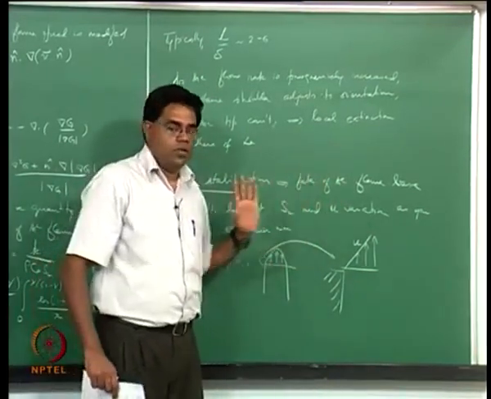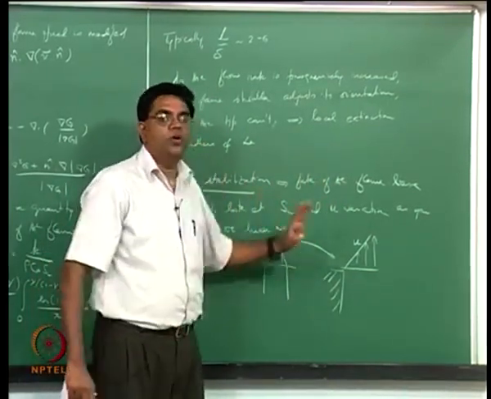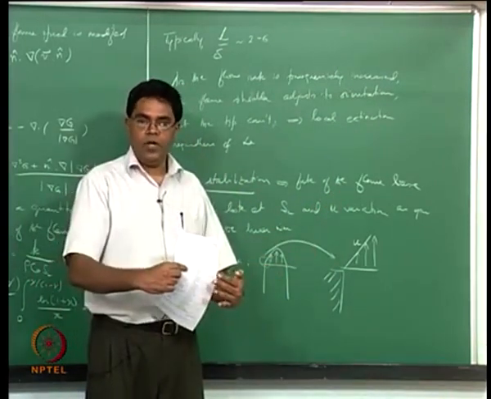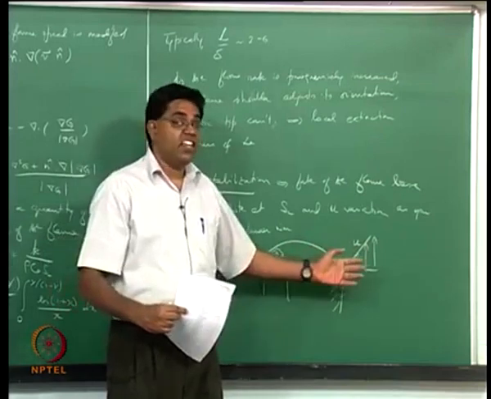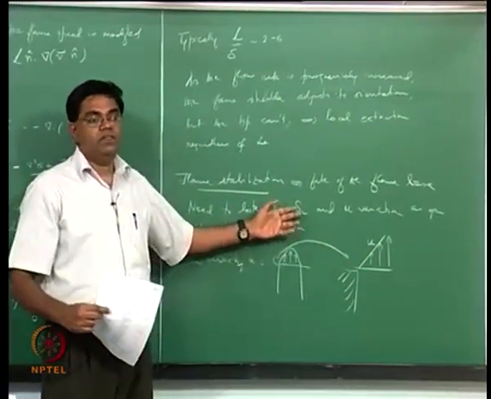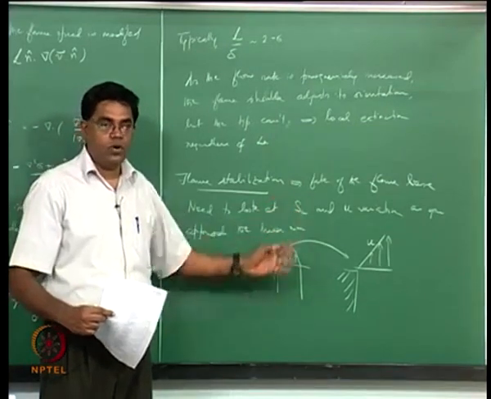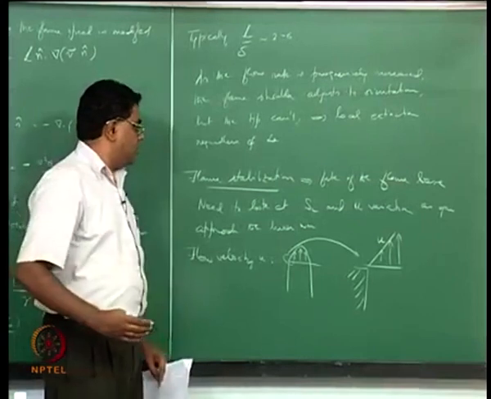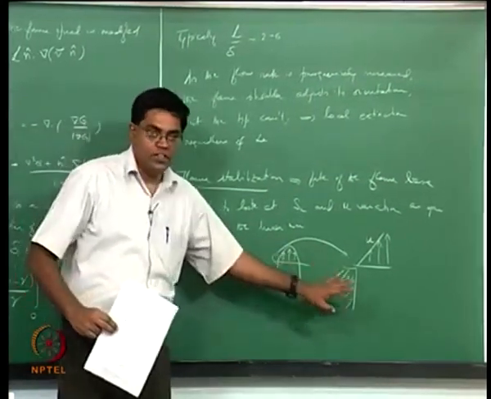So there are no counter effects or competing effects here, but that's not the case with the flame speed. There are competing effects that we have to worry about for how the flame speed changes as it approaches the rim. So it's not so straightforward, so we consider that next.